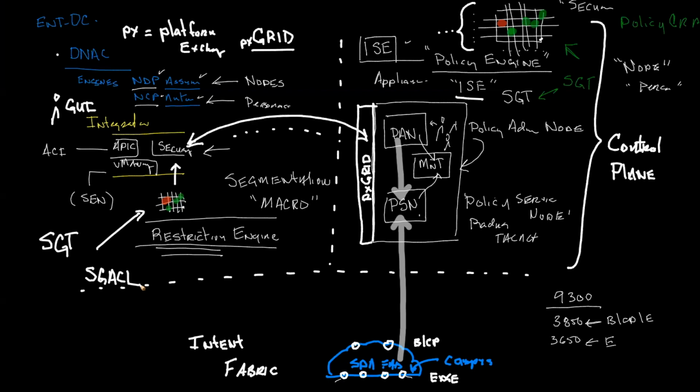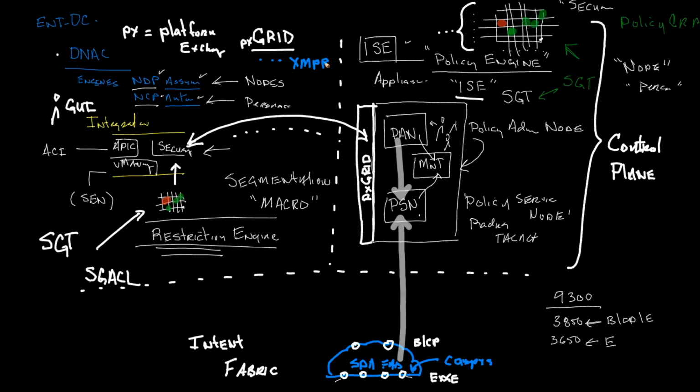Now, as a direct result of that, there are some things that we need to make certain we understand. First of all, pxGRID is a protocol that allows me to exchange information, but it doesn't work on its own. It requires a couple of things. One of the things it requires is XMPP.